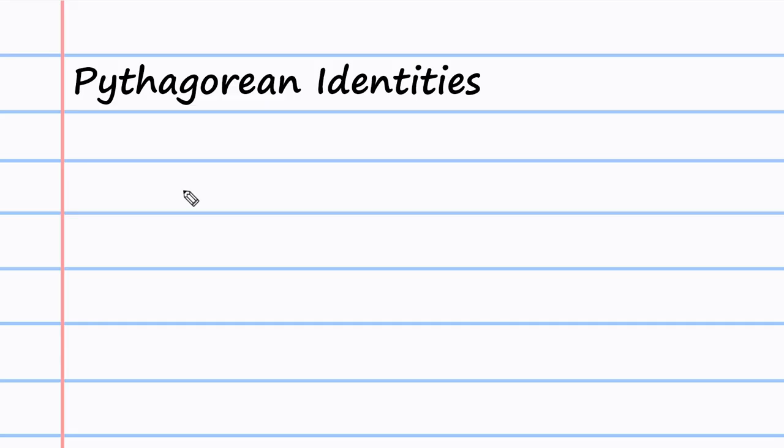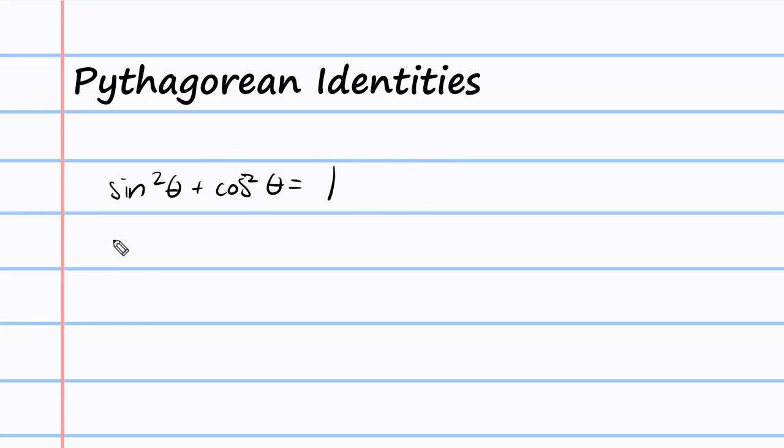Alright, so now let's go over some of our Pythagorean identities. So, sine squared theta plus cosine squared theta is always equal to 1. That's always true.